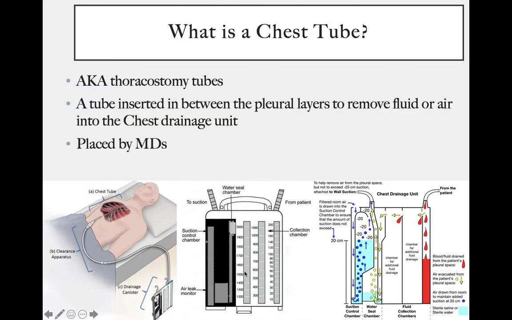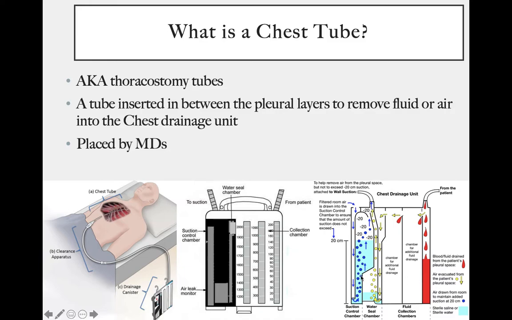So here you can see the drainage collection chamber, and this holds all of the fluids from the patient, or the air from the patient. The next chamber here we see the water seal chamber, and this holds about 2 centimeters of water and acts as a one-way valve preventing air from re-entering the pleural cavity.